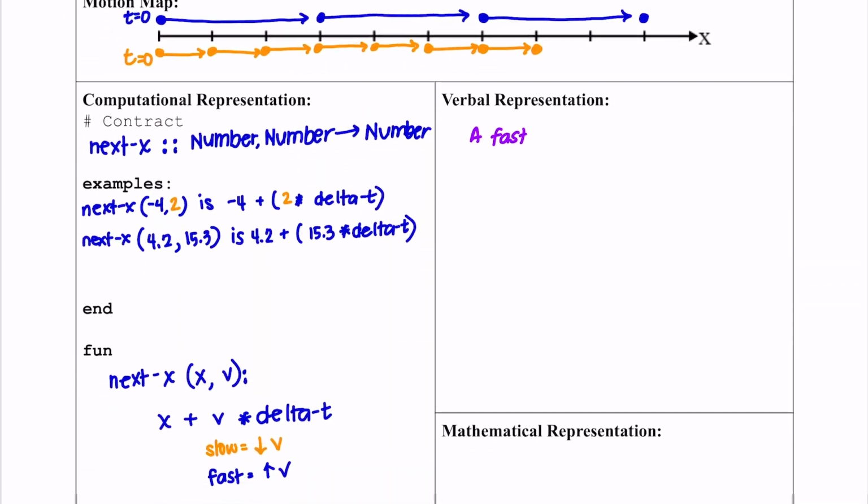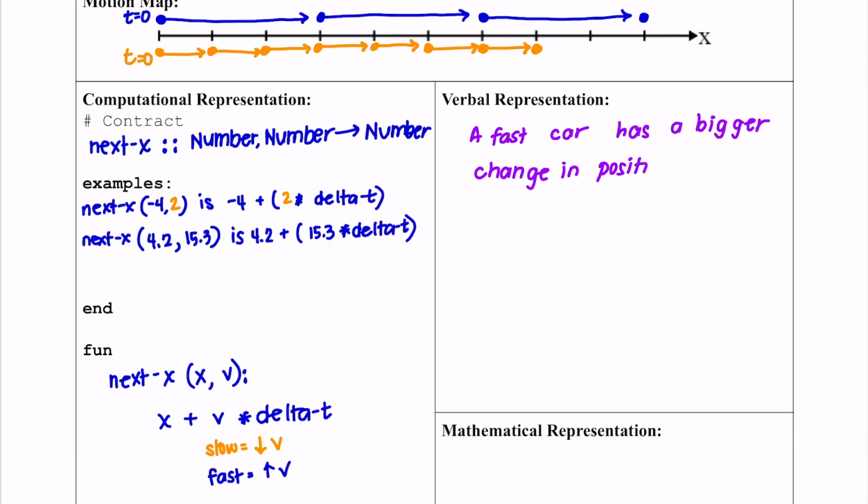Okay, now for the verbal representation: a fast constant velocity car. So it's a car. So a fast car has a bigger change in position than a slow car for the same change in time.